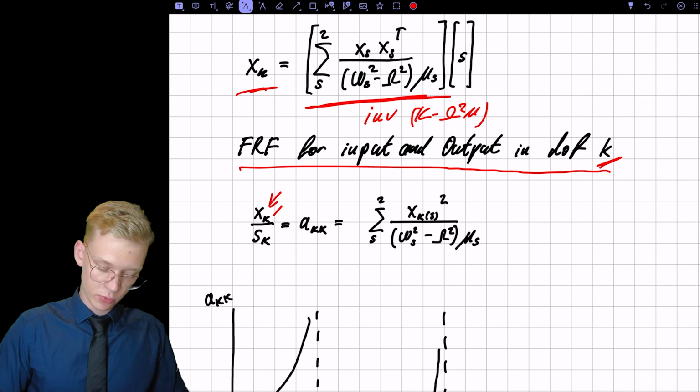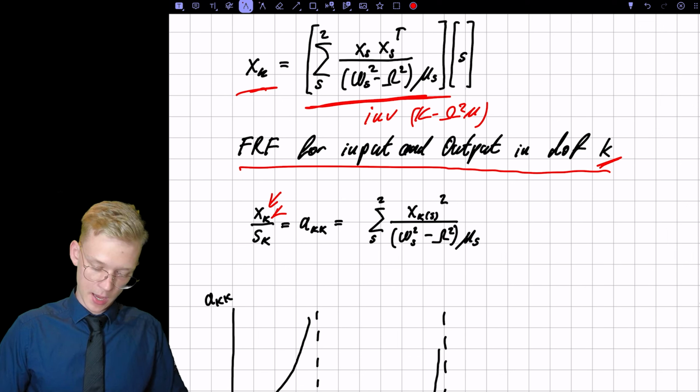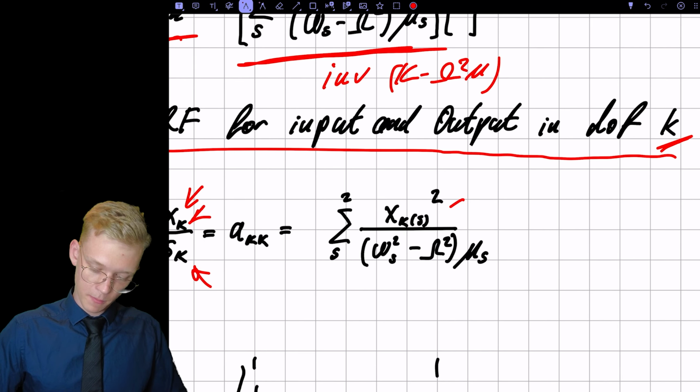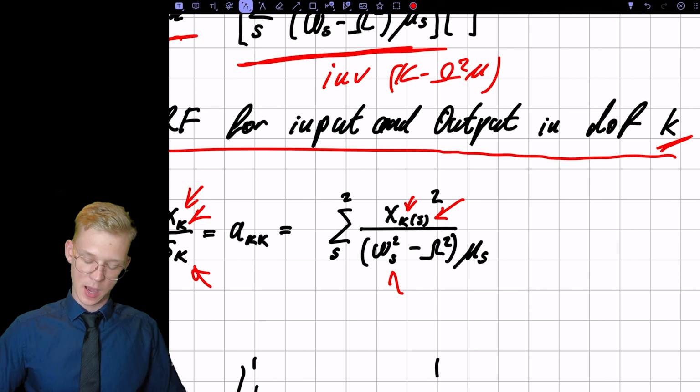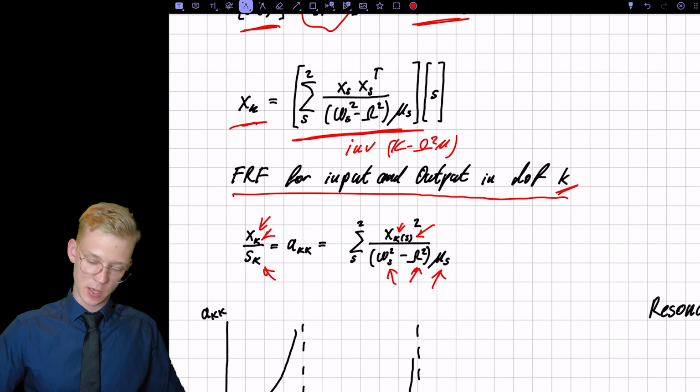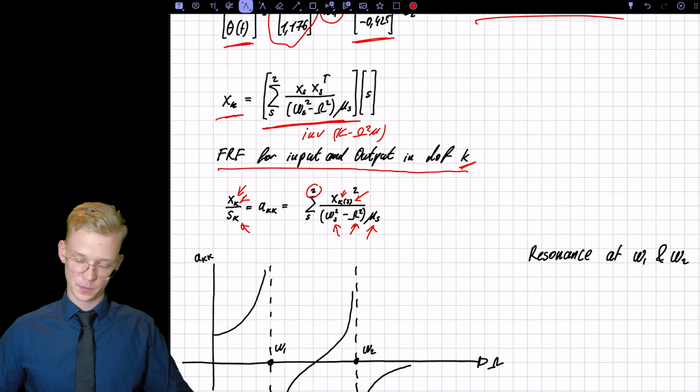So this is the degree of freedom at k if we excite at degree of freedom k. So of mode s, we take element k. Here we have eigenfrequency s, excitation frequency, and modal mass s. And we have 2 degrees of freedom, so we go from 1 to 2.